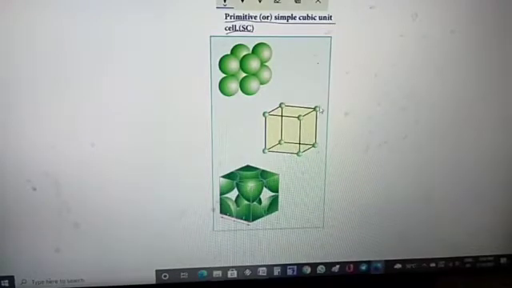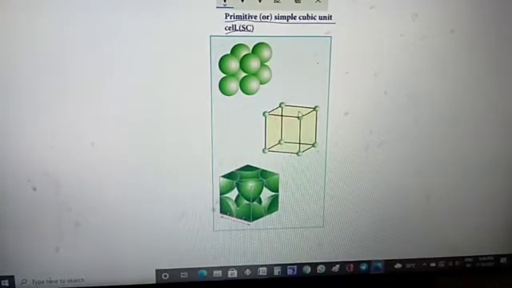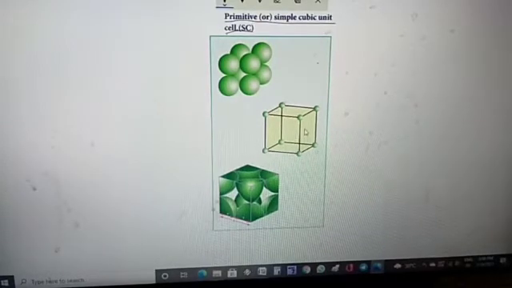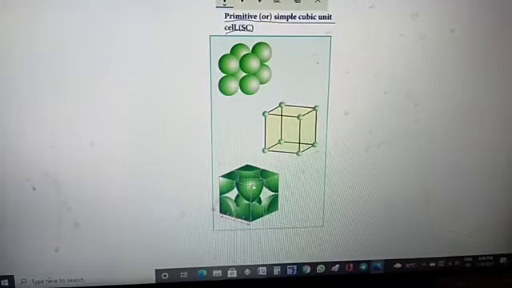It shows where they are occupied, either at the corners, at the body center or at the face center. That position can be shown clearly in these open structures. So the arrangement of particles is easier to see compared with the space filling model with actual size.